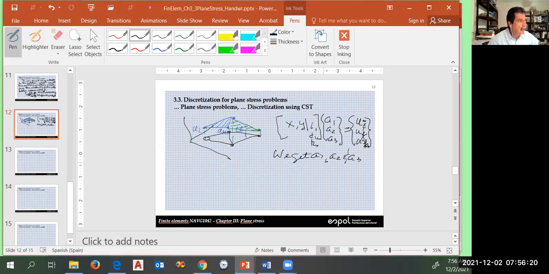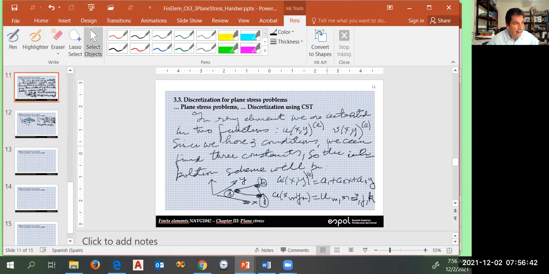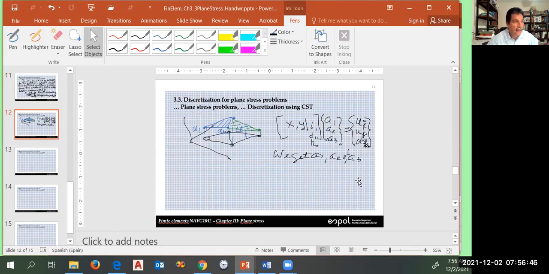So let's go back here, okay? So we got A1, A2, and A3. And as you can see, these constants will be function of these values. These are the joint values, the nodal values, and also the positions of these joints. Okay, so we can replace this into the polynomial of interpolation here, A1, A2, and A3, and rearrange.